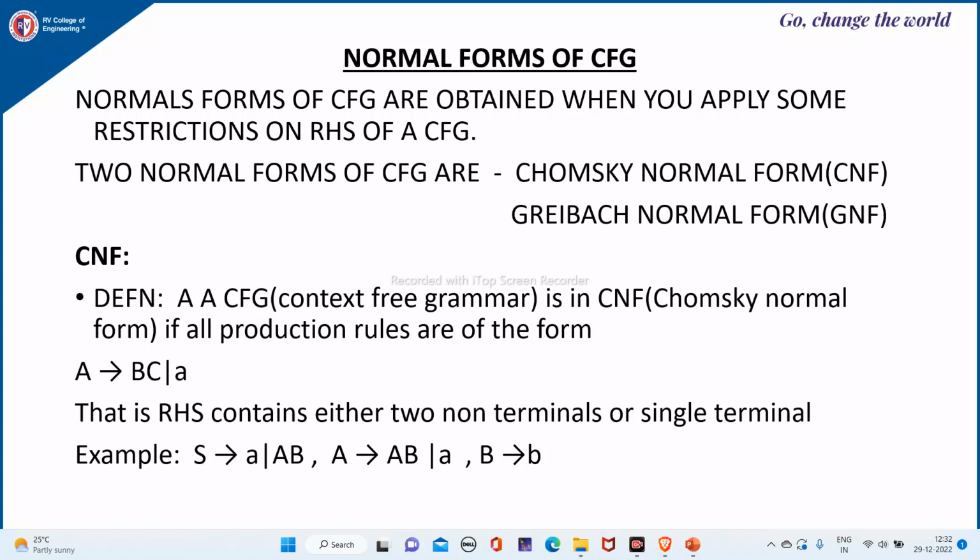Then we say that the production is in CNF. Example, suppose S derives a or AB, A derives AB or a, and B derives B. You can observe all the productions in the grammar are in CNF.